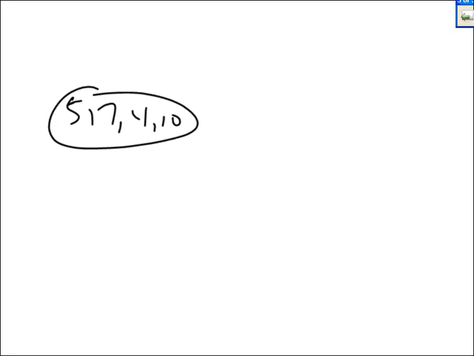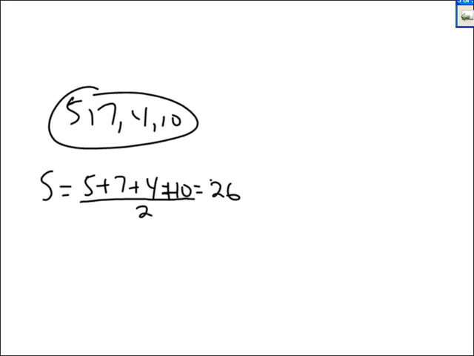What's the area? Well, first we need S. You add them up. 12 plus 4 is 16, plus 10 more is 26. Divided by 2 is 13. So now you do 13 minus each of the 4 sides, and you take the square root of the product.